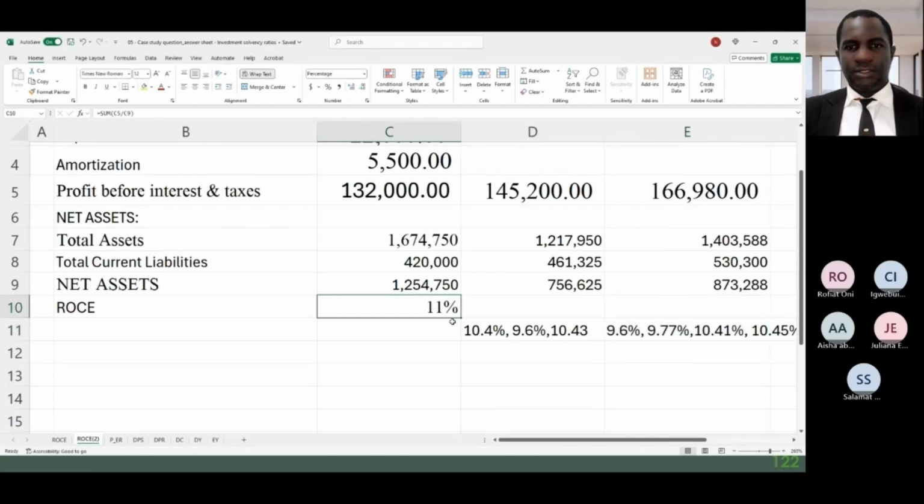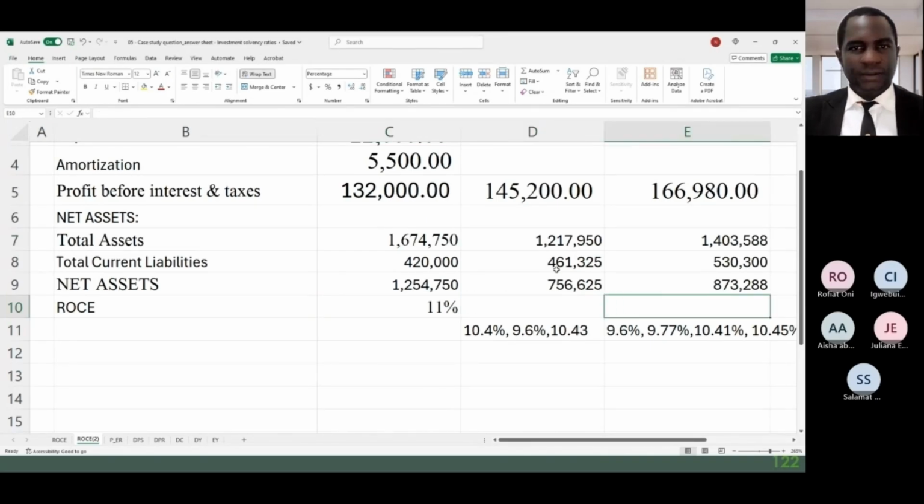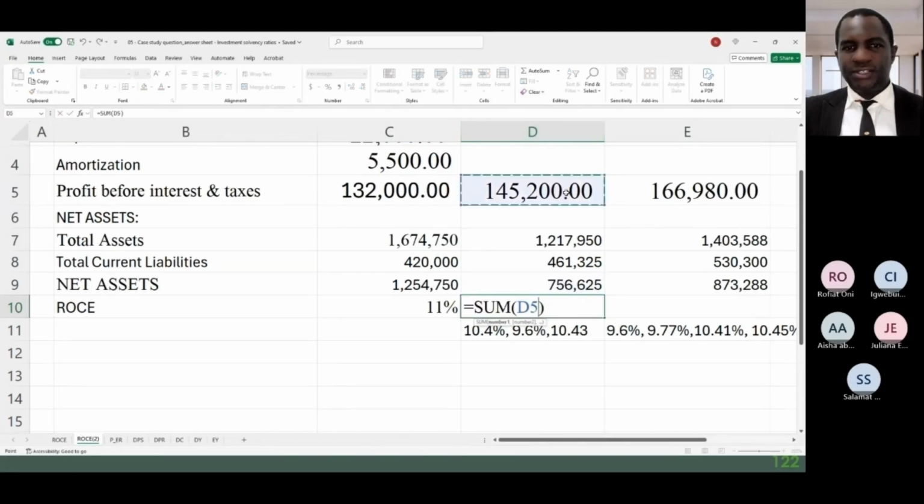Okay, fantastic. So let's get the percentage. I just drag. No, let me not drag because it's giving me a different figure. All right, so I have profit before interest and tax divided by this.